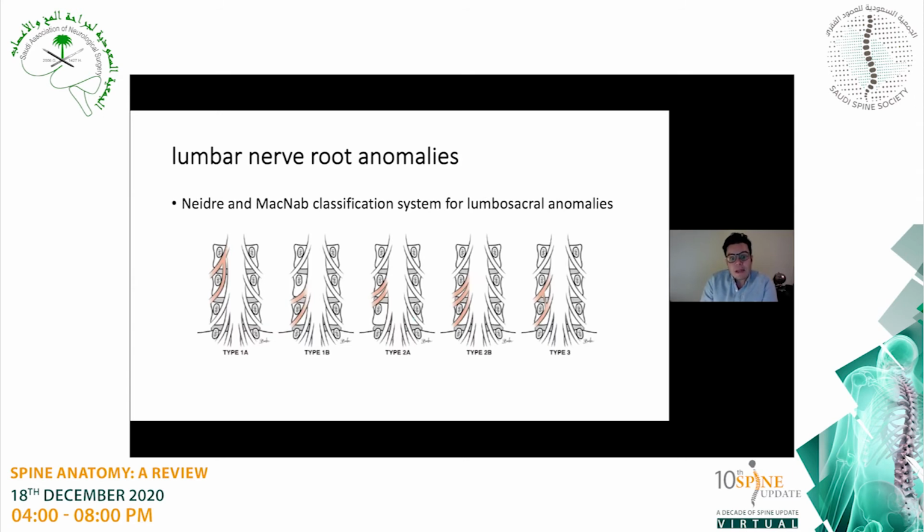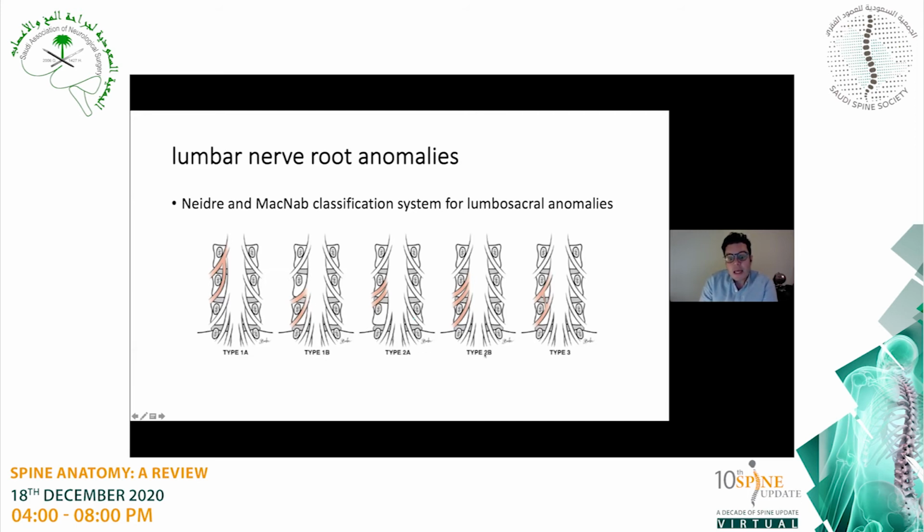Nader and McNab in the early 80s classified these lumbosacral anomalies into 3 types. We have type 1A, where nerve roots share a common dural sleeve. In type 1B, the dural sleeve doesn't exist in the exact location, but is more inferior or caudal compared to other levels.